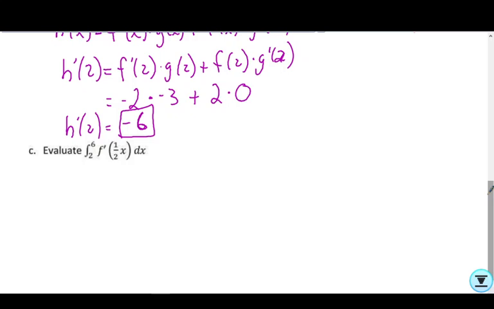Evaluate this integral. It's the integral from 2 to 6 of f prime of 1/2 x dx. Okay? So this is actually a basic U-substitution problem.